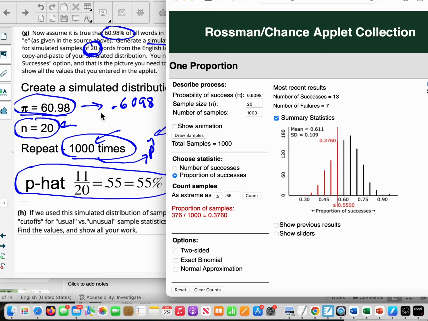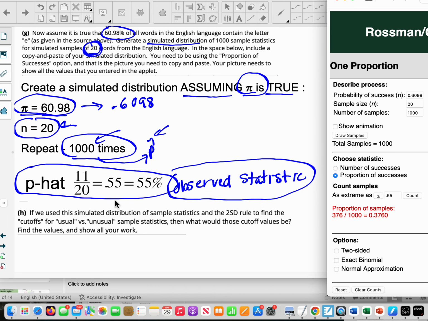It's pretty close to 0.6098, and it should be because that was the assumption I used. The more samples I add, the closer this mean gets to actually be equal to 0.6098. And then it tells me the standard deviation as well of this sample, 0.109. We'll come back to that in a second.